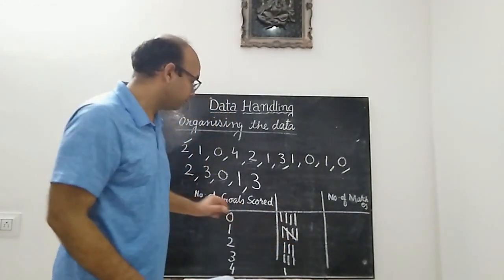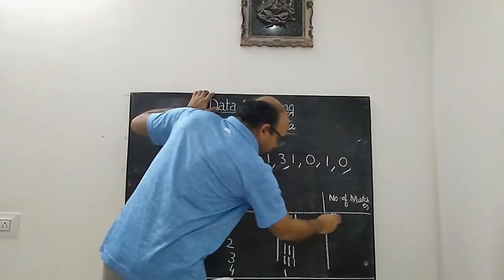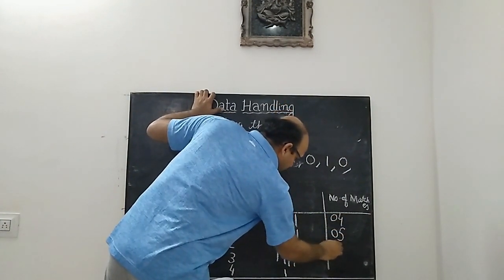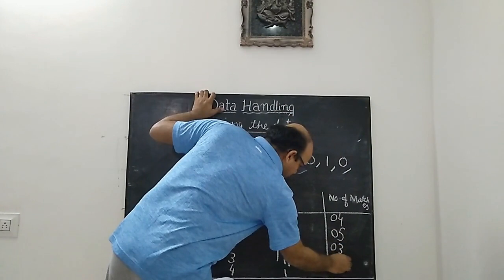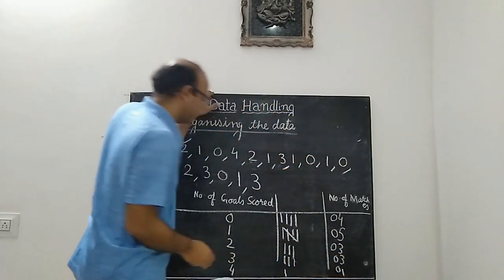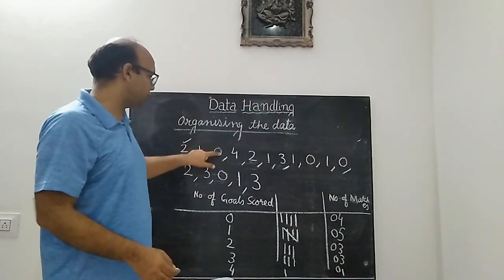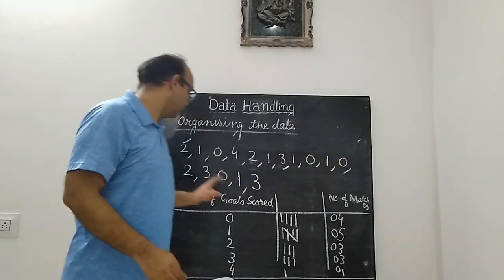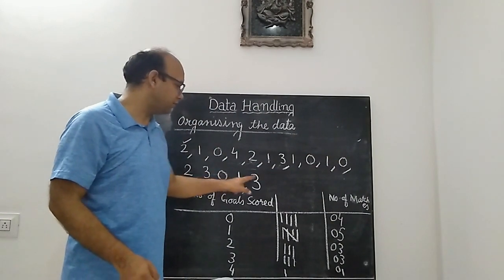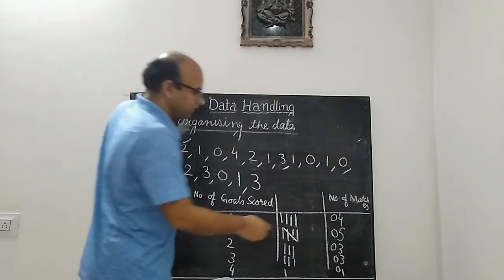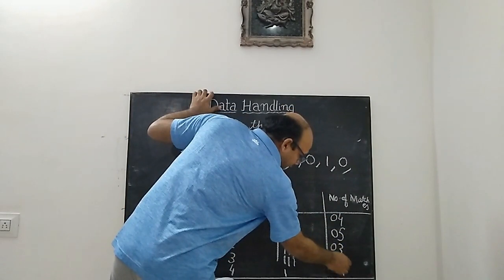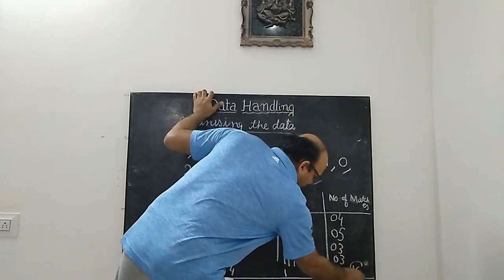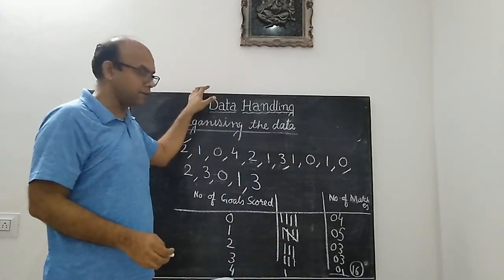Counting the tallies, we get 1, 2, 3, up to 16. You can also tally it as 9 and 6 is 15, and 1 is 16. So we get 16 over here.